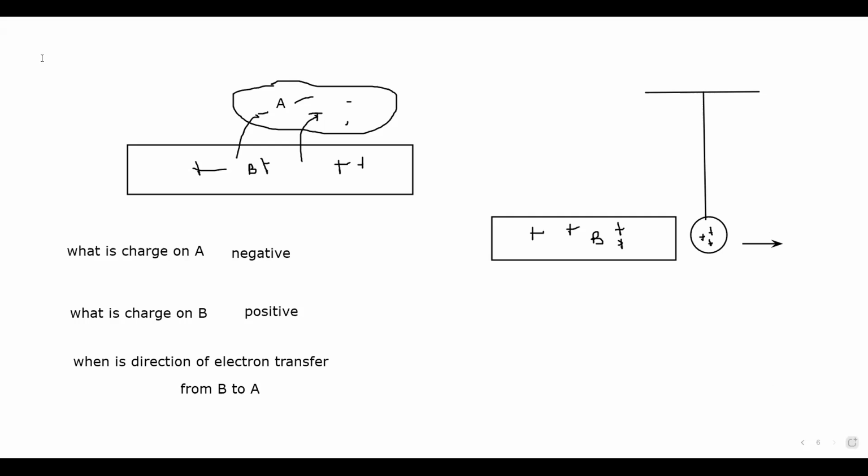The second method is known as charging by induction. The term induction means production, when an object is charged by the help of another charged object.